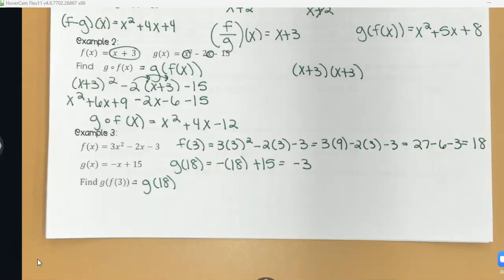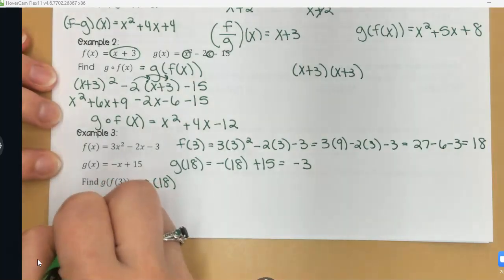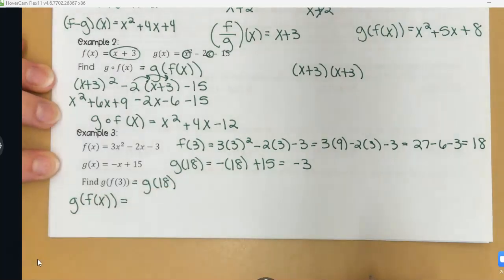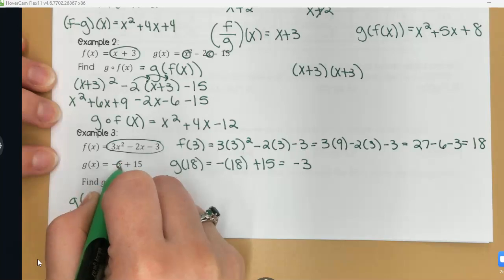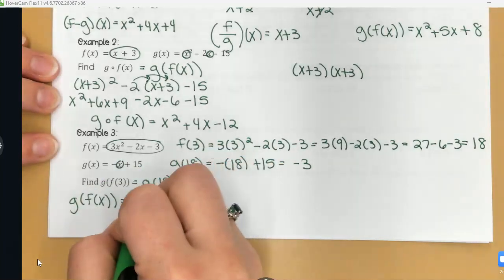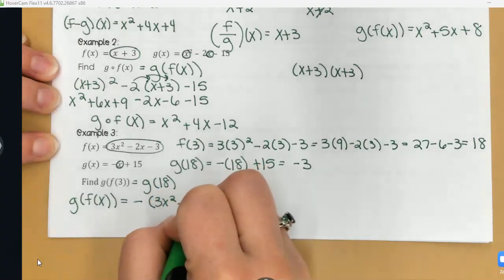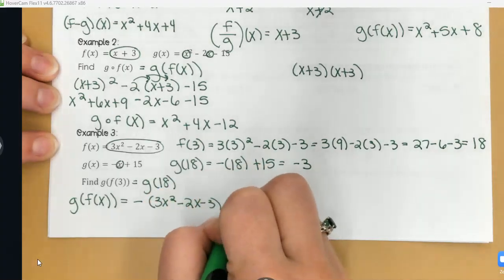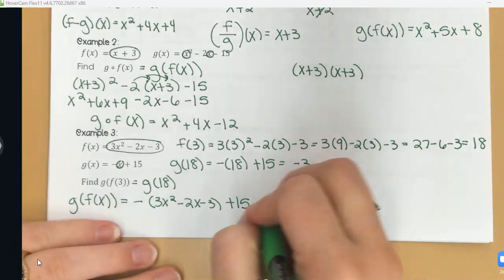Now that's one way I could do it, but that had me plugging things in twice. So what if instead I first found g of f of x? So what that means is I would take my entire f function and plug it in for x in the other. So that would be negative 3x squared minus 2x minus 3 plus 15. I don't have to FOIL here, but I do need to distribute the negative.